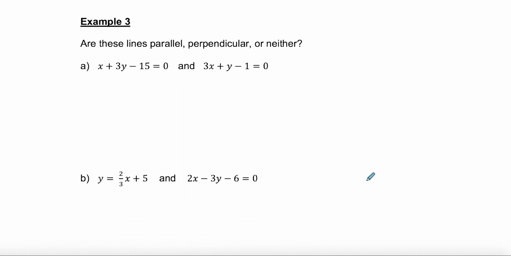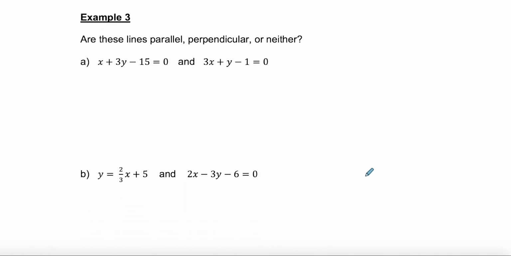So example 3, are these lines parallel, perpendicular, or neither? Sometimes this is funny, students will look at these two equations and they just try and guess. It's like, I don't know, there's some 3's in here. It looks kind of like they're going to be parallel. Well, what makes this a lot easier is to write these in y equals mx plus b form.